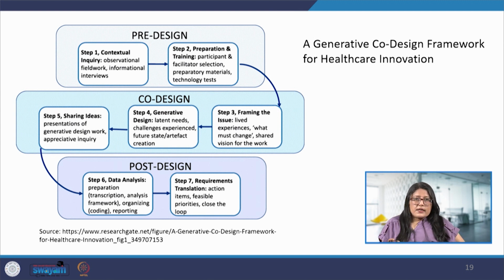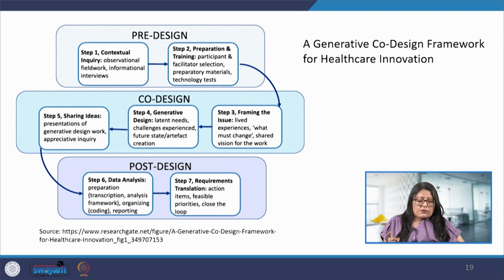So, in the pre-design stage, step 1 is contextual inquiry, wherein some field work will be conducted, some observations will be made, or interviews will be conducted to understand what the need is. As you see, the need is always the first step, and for the first step, contextual inquiry, we have to go on to the ground and understand.